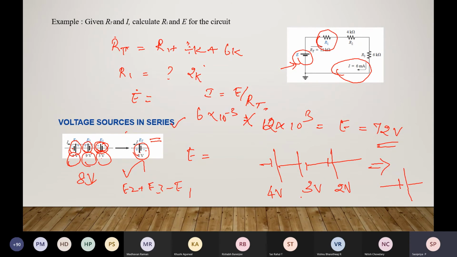Here this is 3 volt, which is plus minus, whereas here this is minus plus. This is also minus plus. Minus 3 volt. These two can be added. So 4 plus 2, 6. 6 minus 3, 3. Okay, 3 volt. So now should this 3 be represented as minus plus or minus 3? Minus 3. Yes, ma'am, minus 3. Minus 3 is the answer. So this way we will have the circuit.